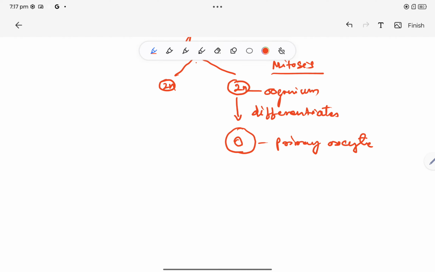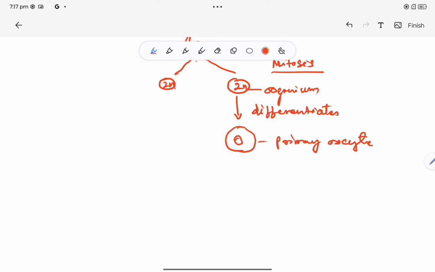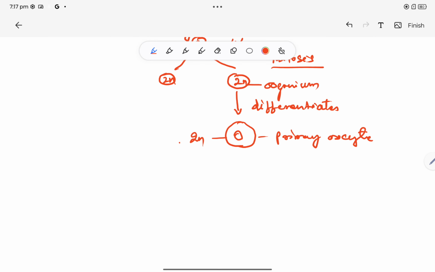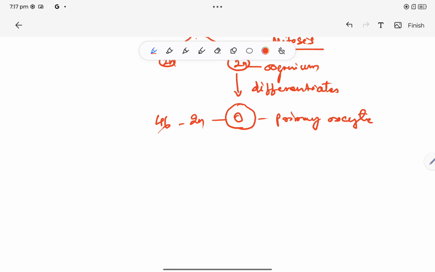So the primary oocyte is formed simply by differentiation. So its ploidy is also 2n, meaning 46 chromosomes. Now when a girl baby is born, she is born at this stage, the primary oocyte stage. And after birth, no more.